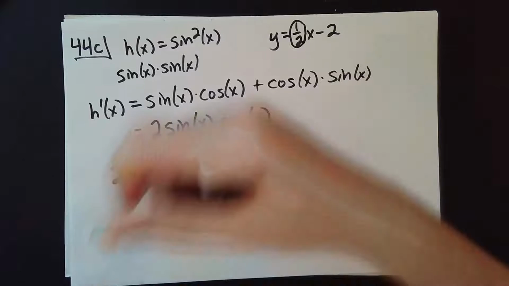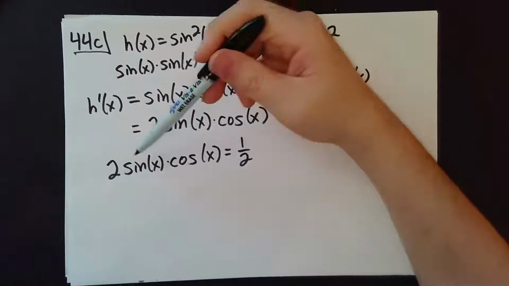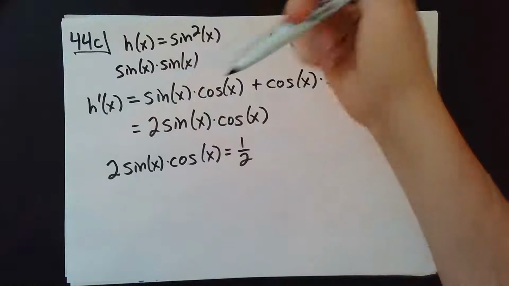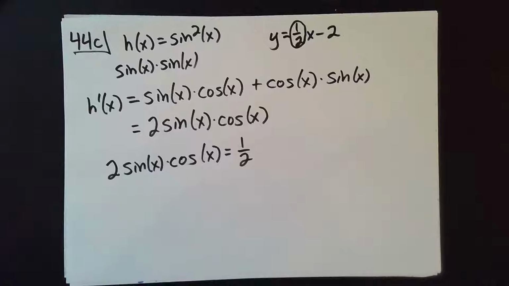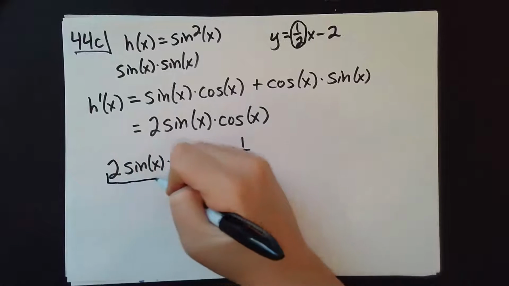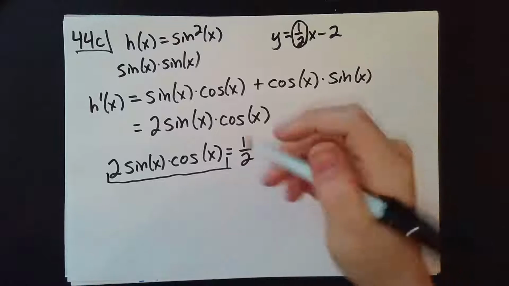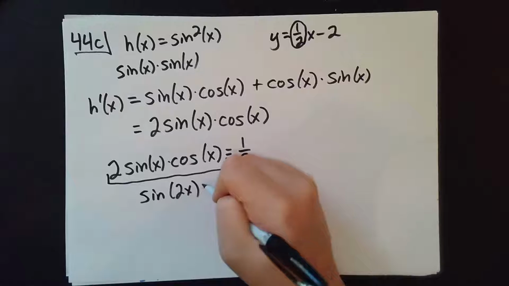Now when you look at this, you might be tempted to move the 2 over, and then you get sine times cosine as a quarter. And that ends up being super unhelpful. The thing that's actually helpful is to realize that this expression is, in fact, sine of 2x equals 1/2.